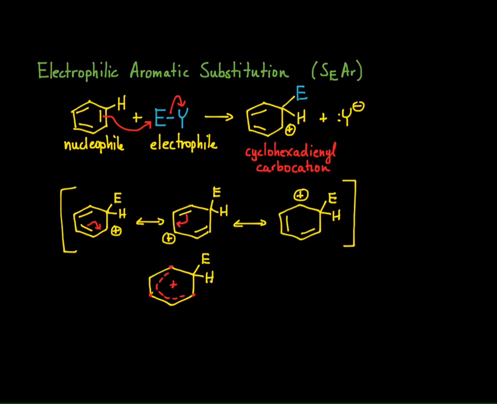And so in essence, you're distributing that positive charge between those three carbons. We often think about it as this, where you have this partial positive charge on each of three carbons. That is the sum of those three resonance structures. And so this is really a better representation of the cyclohexadienyl carbocation.